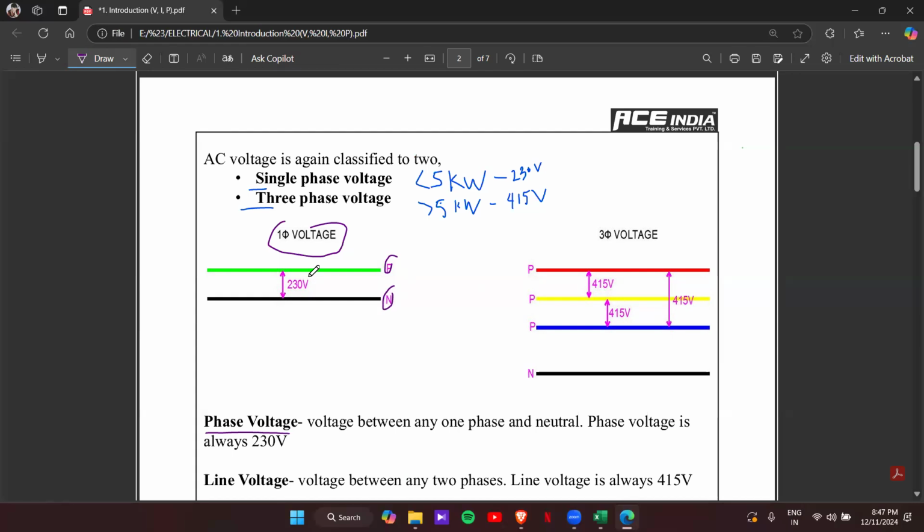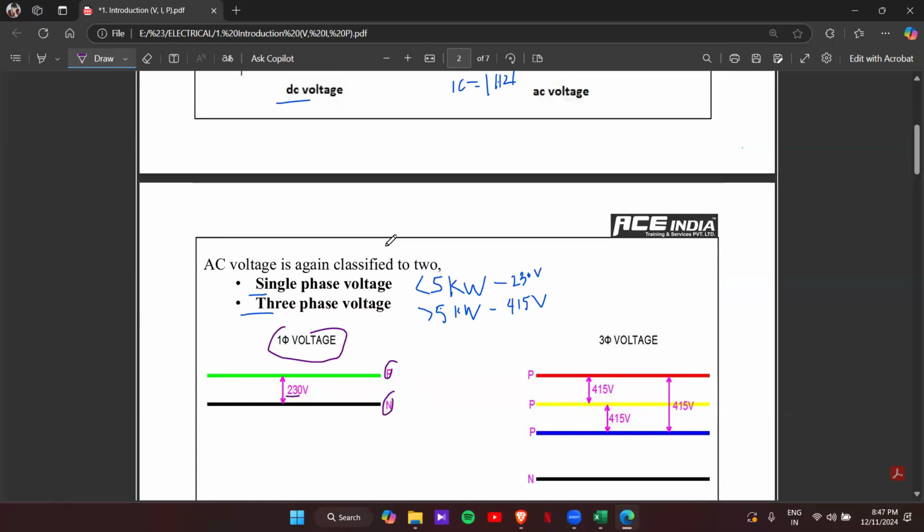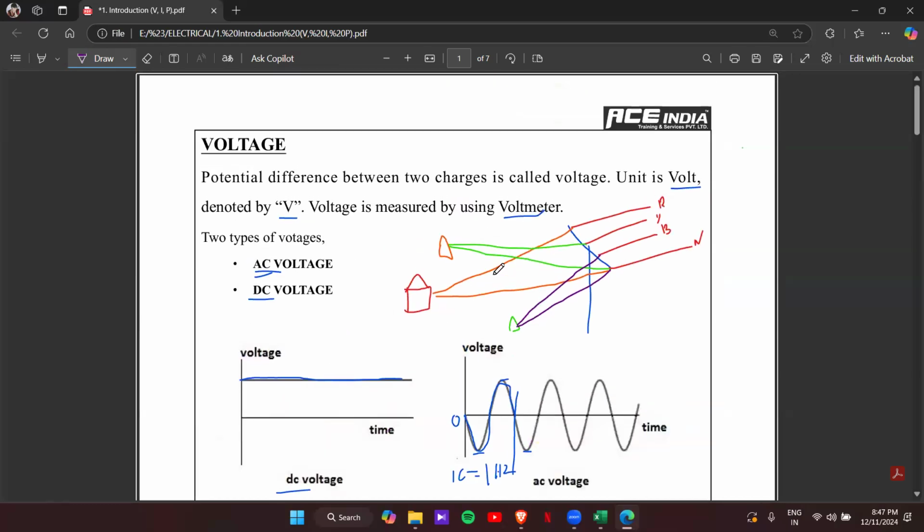It will always be 230 volt. So the voltage between any phase. It can be R and neutral, Y and neutral, and B and neutral. Any of these will be 230 itself.